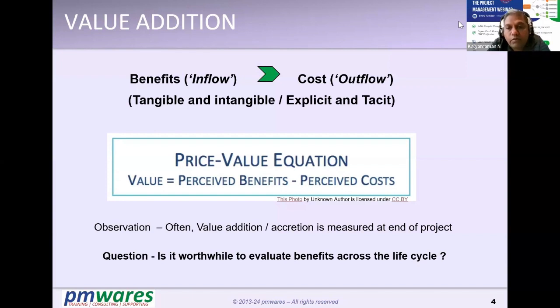Now, we paused at a question: do you see value creation being evaluated across the life cycle in your current scenarios? Is anybody able to articulate that? Are you able to relate to this concept? If you are doing Agile delivery, the principles of Agile talk about value addition. What is it? Incremental and accretive.